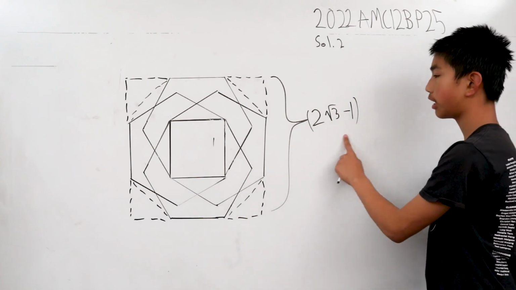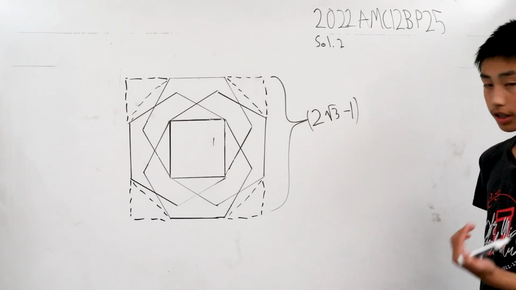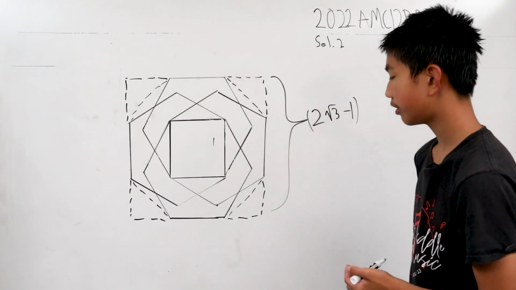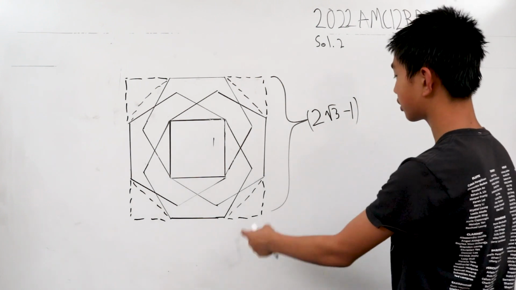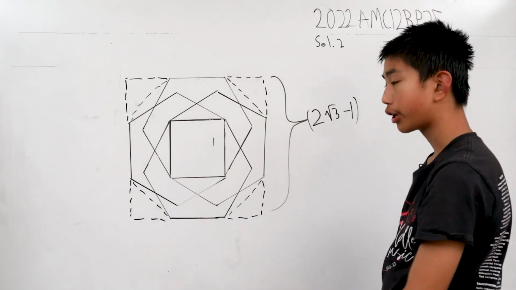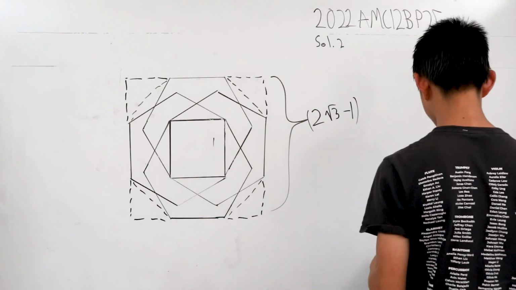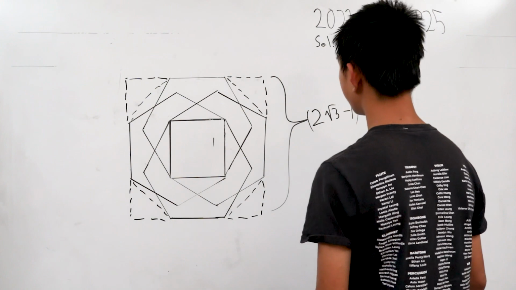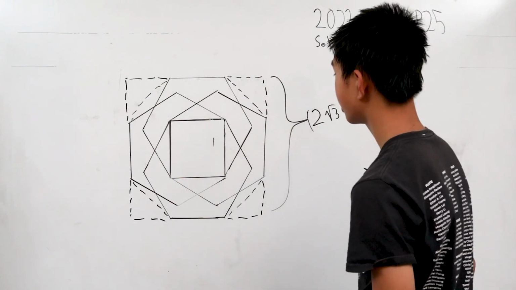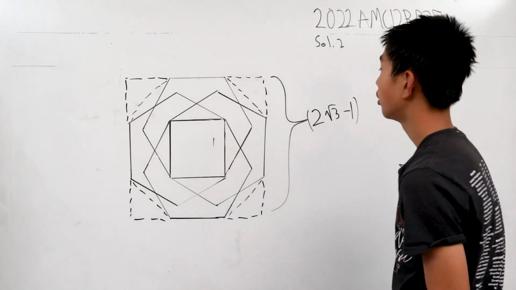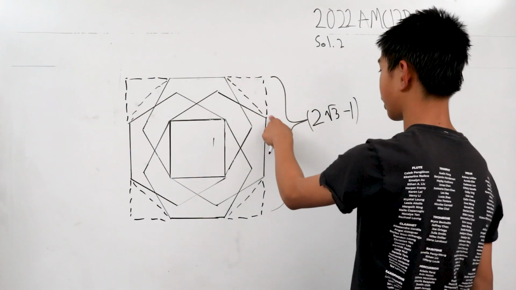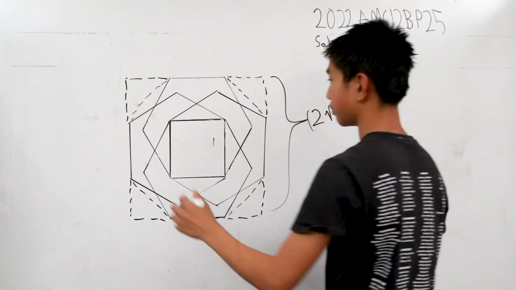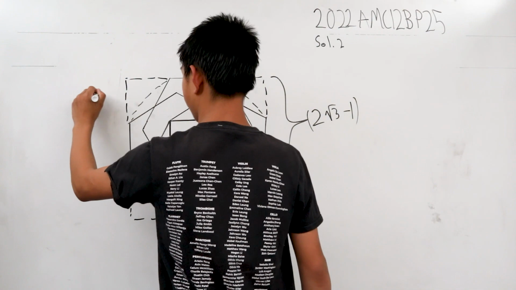Alright, so we have this, and now we want to find the area of this octagon and then subtract the area of these smaller triangles from the big area of the octagon. So if we have all of these 4 triangles, well, what's the height of this? This is going to be the square root of 3 minus 1.